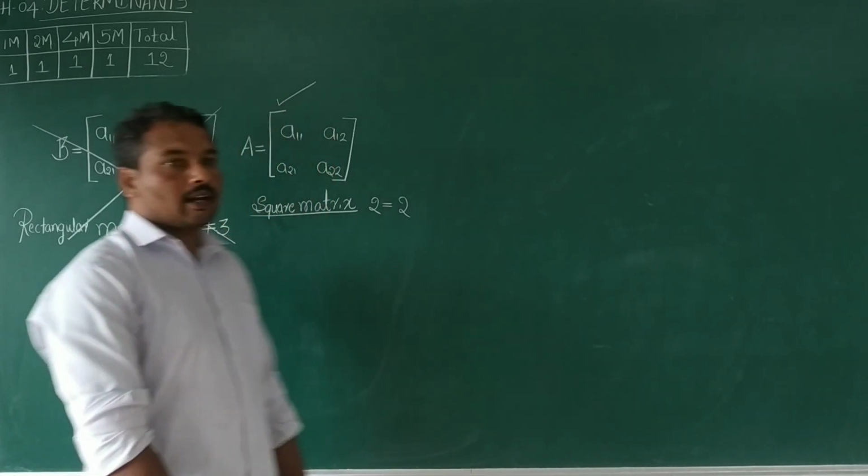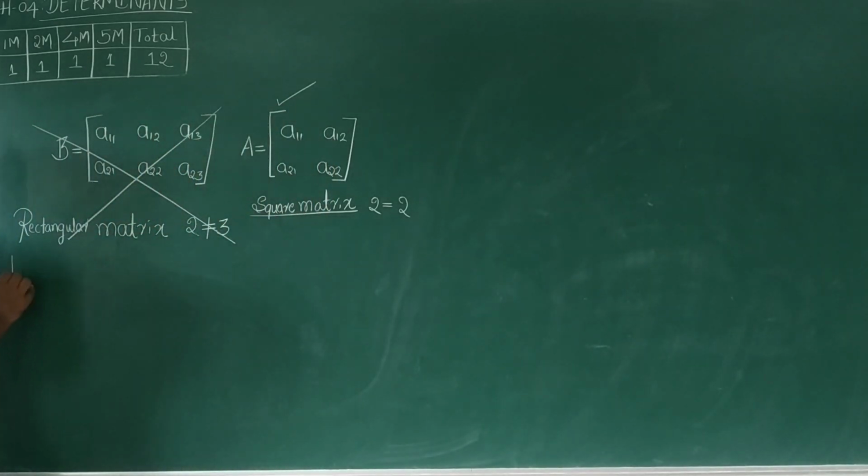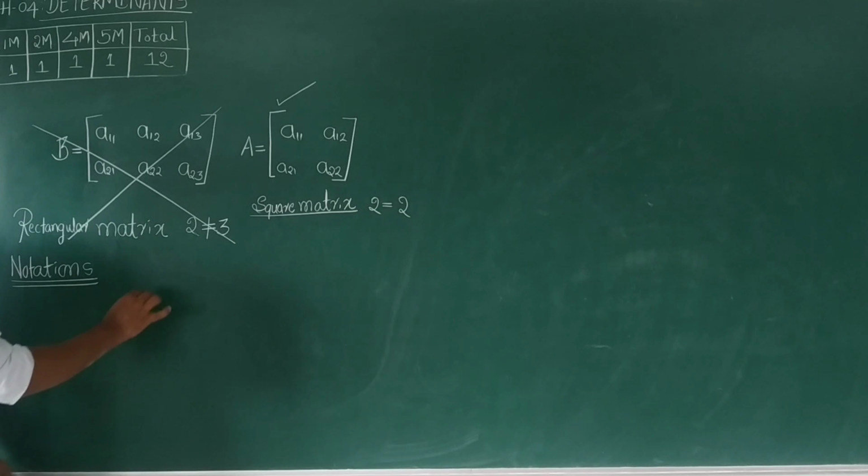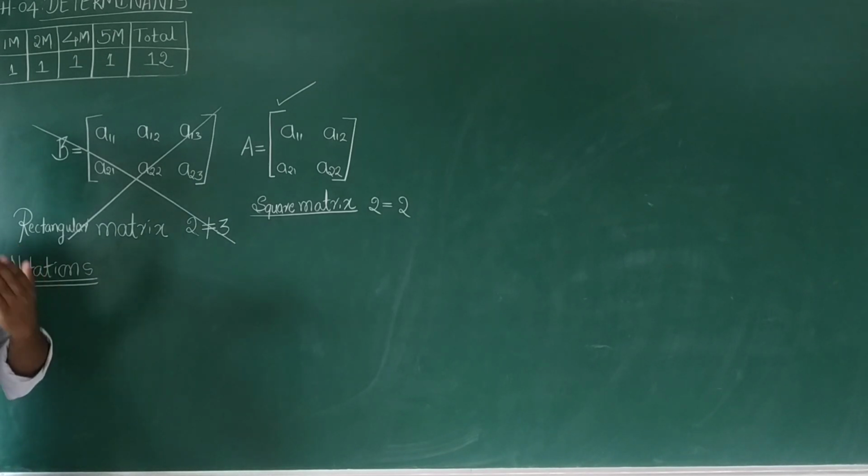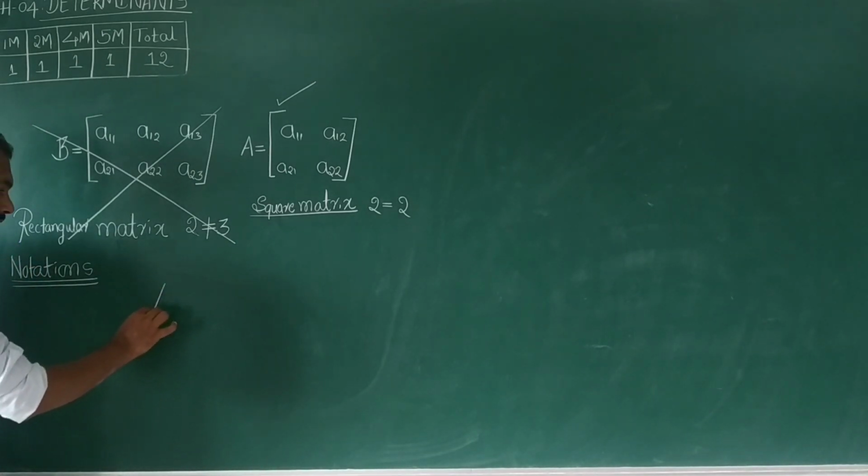Now we shall go for the notations of this determinant. We have 4 different notations. Among them, this is one of the notations. Since determinant is defined only for square matrices, I consider A as a square matrix.